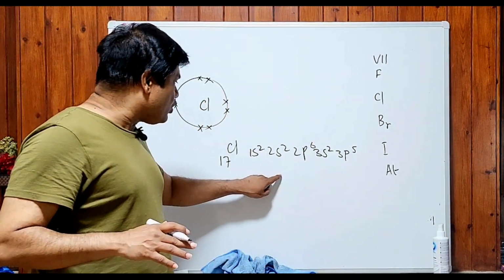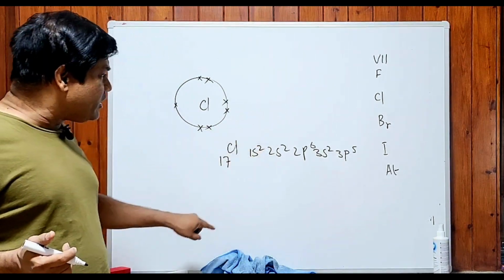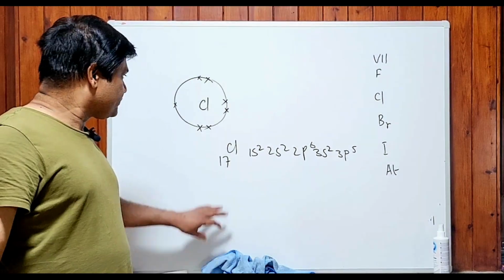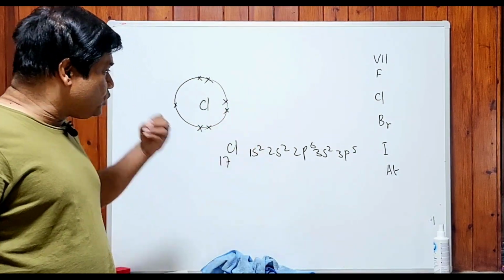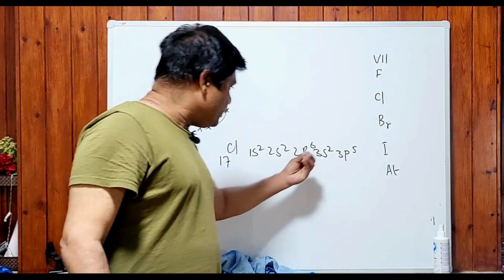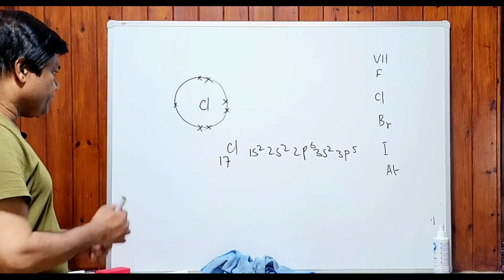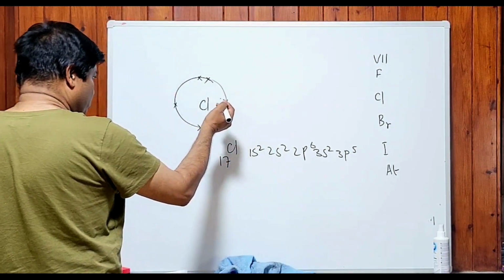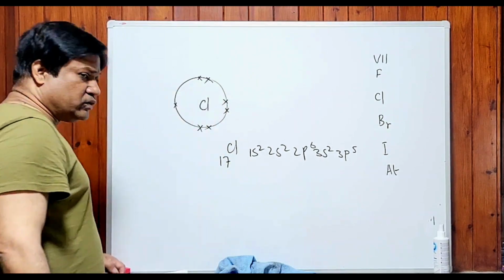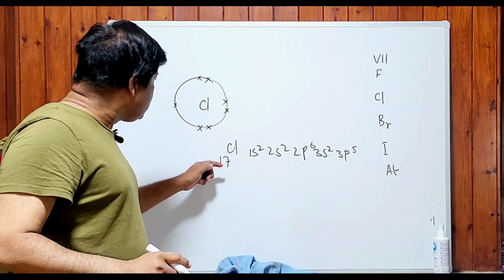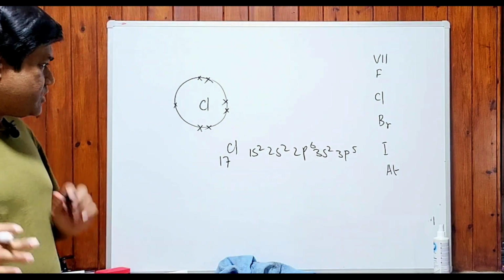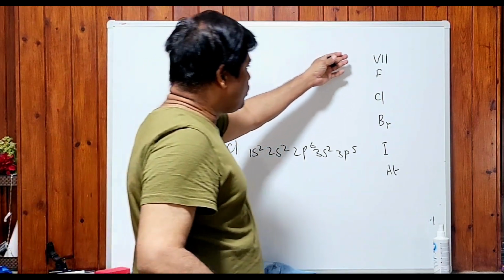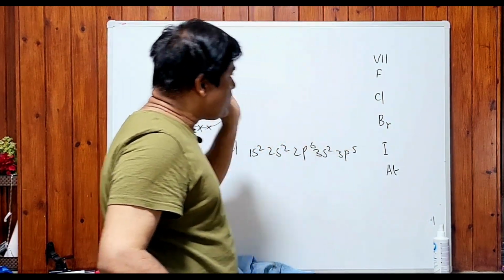Gaining an electron is easy for chlorine rather than losing 7 electrons. The electrons present in the outermost shell are called valence electrons. It has 7 electrons in the outermost shell. That's why all these halogens are placed in group 7.